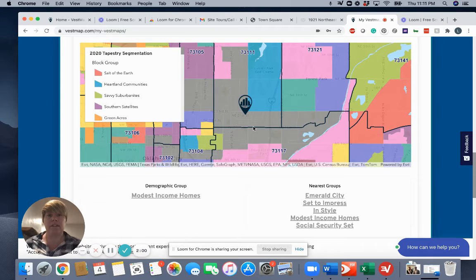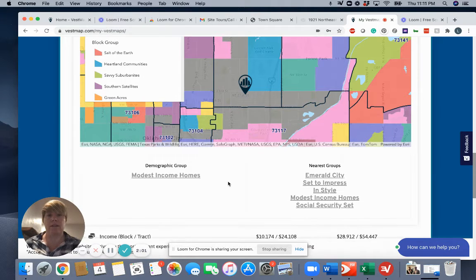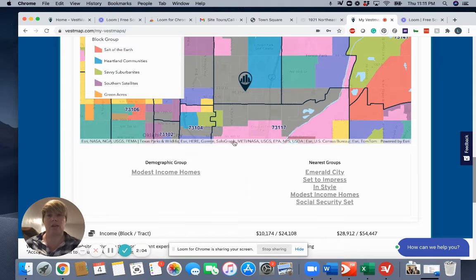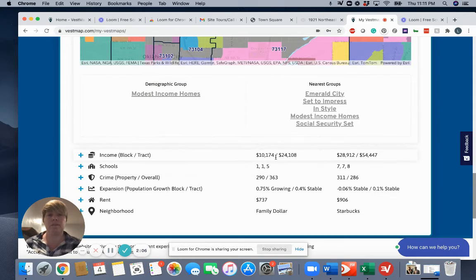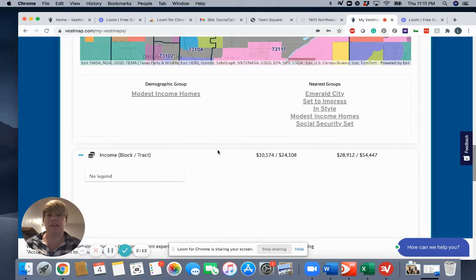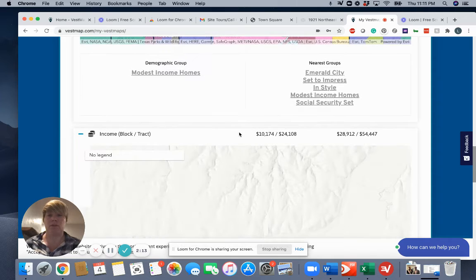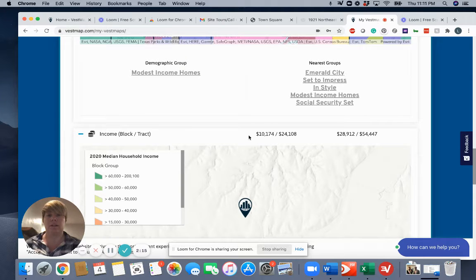This whole area is those modest income homes, that gray. And here we're seeing that the median household income in this small area is only $10,000 a year.